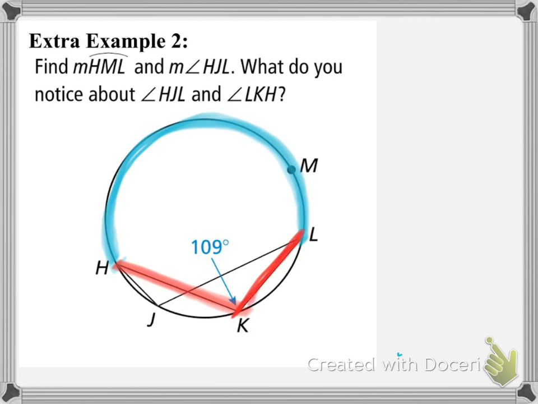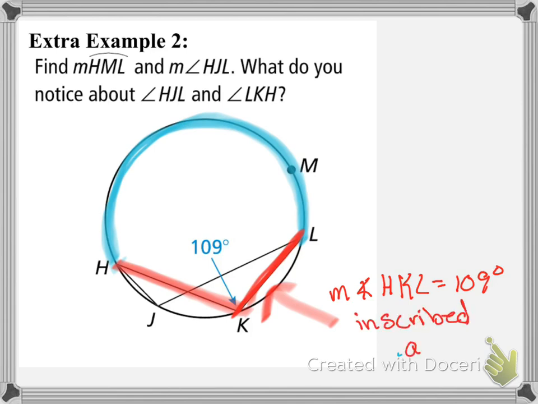And we know this angle, angle K, the measure of angle HKL is 109 degrees. But that is an inscribed angle. So that means that this blue arc here would have to be twice the measure of this inscribed angle.